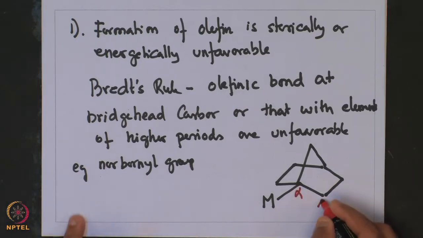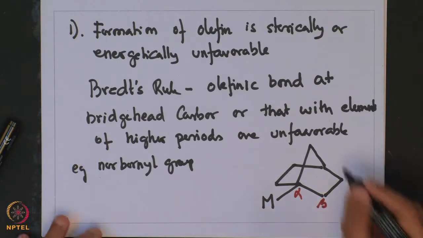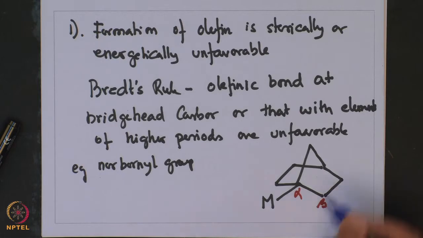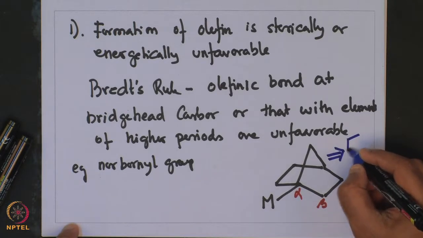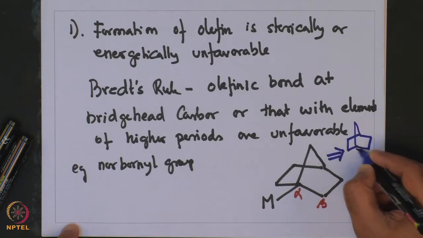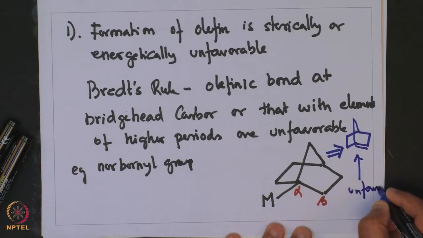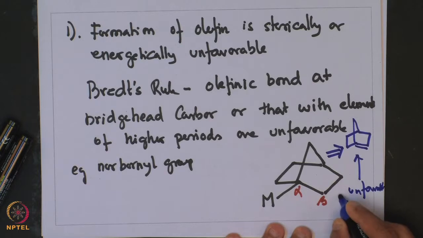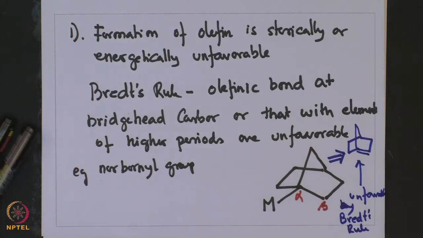This is alpha, this is beta, and if this hydrogen were to get attacked, the resultant olefin would be unfavorable and would have a structure something like this, which is unfavorable according to Bredt's rule. And hence, this type of compound does not undergo beta elimination.